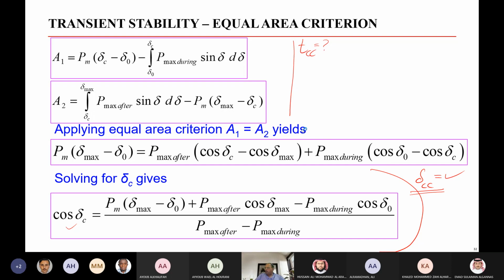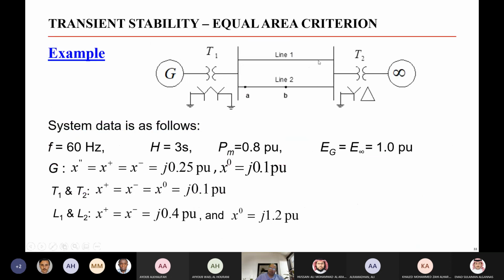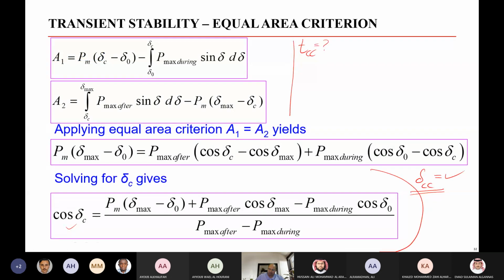Can we calculate the critical clearing time by double integration of the swing equation? We can find the critical angle. This is the critical angle. This is the critical clearing angle here. Cosine delta C equal to this. So this is the critical clearing angle.